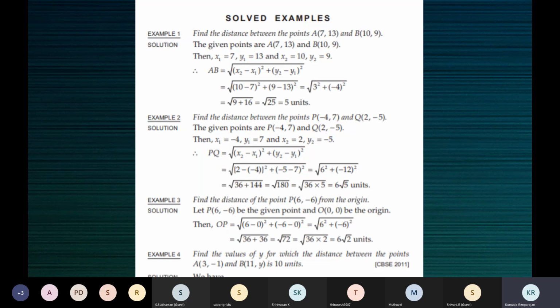So when you find PQ using the distance formula, it is the length of the line segment PQ. And you know the line segment connects 2 points.